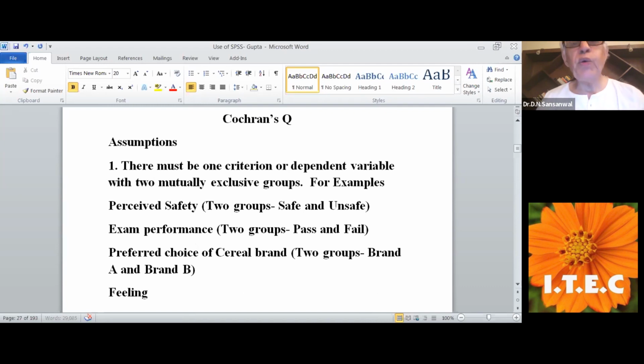Here I am giving you different variable names which may have two levels or which may be categorized into two groups. So feeling seasickness: here the two groups are yes or no. You are feeling sickness, yes, or you're not feeling sickness, no.